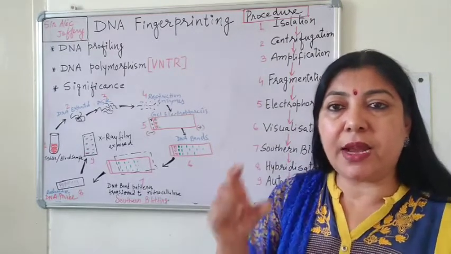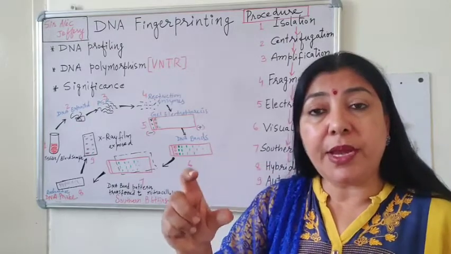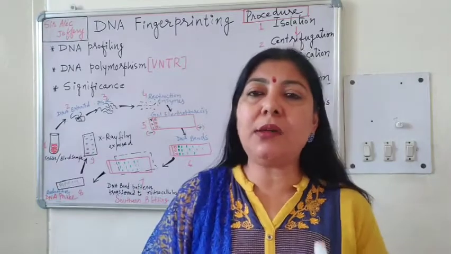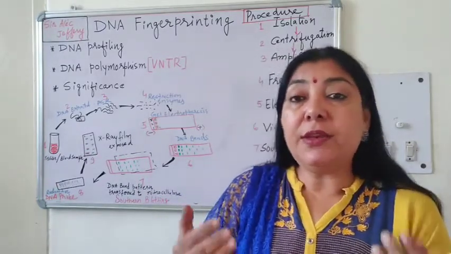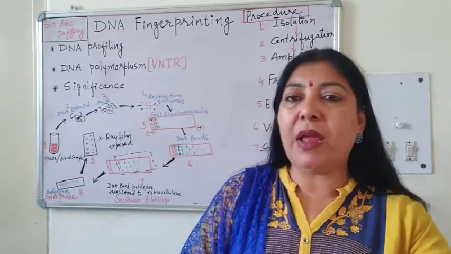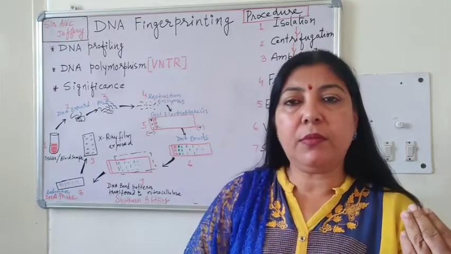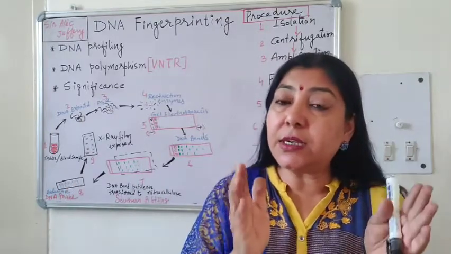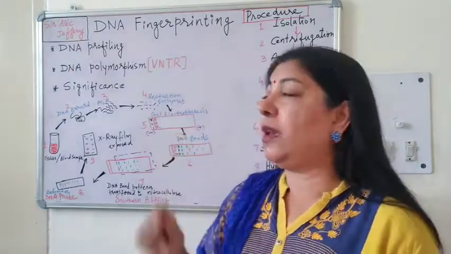These VNTR, that is variable number tandem repeats, are actually repetitive DNA which are specific for an individual. And we receive these VNTR from our parents. One VNTR for one particular repeat from mother and the similar from father. They have certain positions, certain locations on DNA.